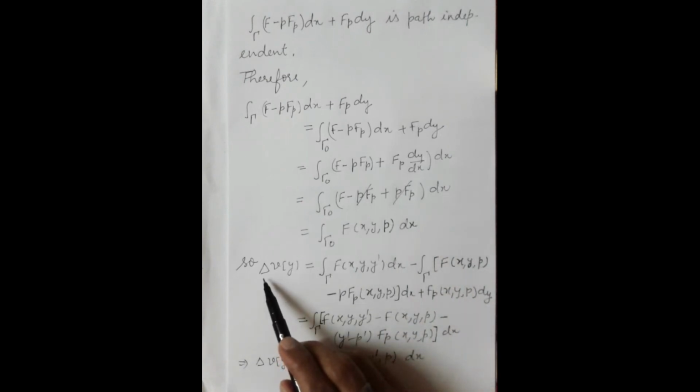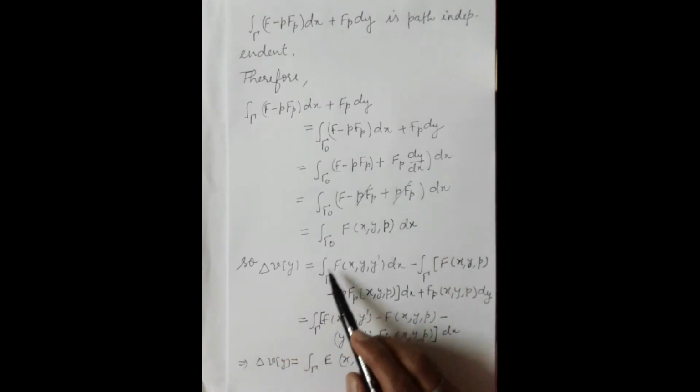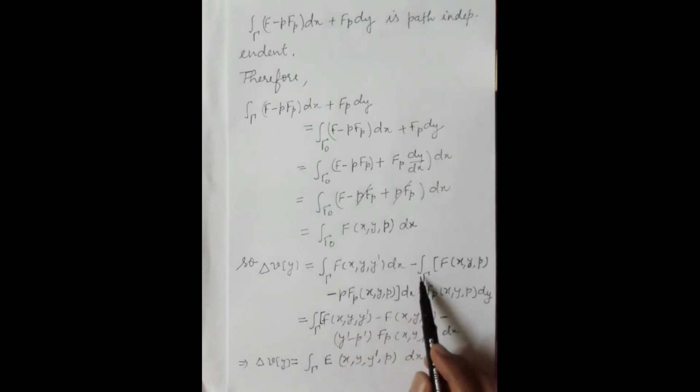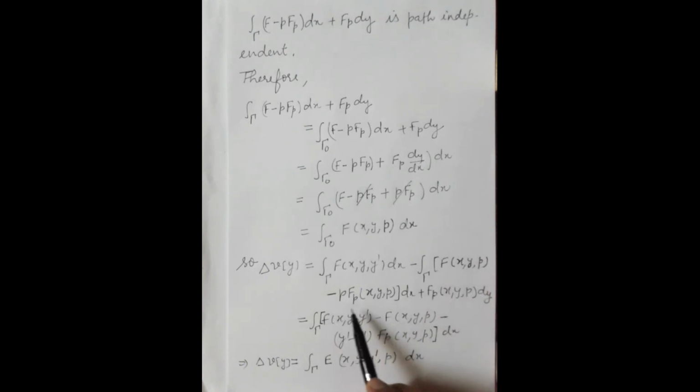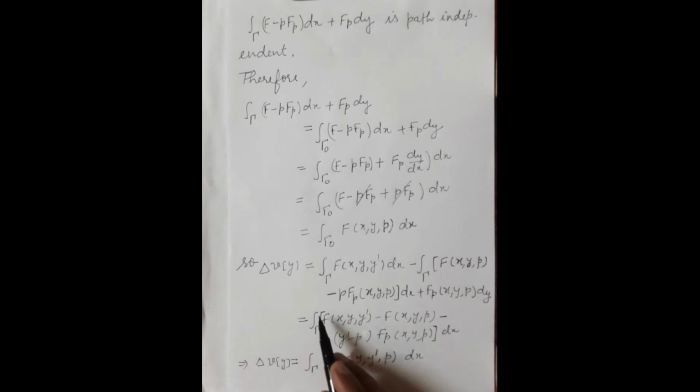So delta V(y) equal to the integral along gamma of F(x, y, y') dx minus the integral along gamma of (F(x, y, p) minus pFp(x, y, p)) dx plus Fp(x, y, p) dy. This is equal to the integral along gamma of [F(x, y, y') minus F(x, y, p) minus (y' minus p) Fp(x, y, p)] dx.